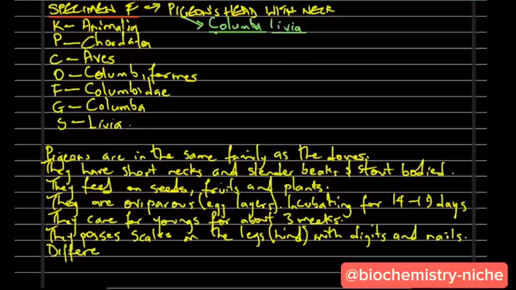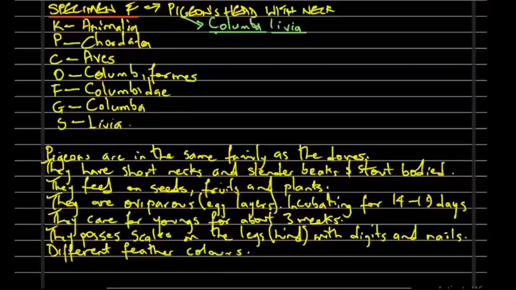They possess different feather colors. Now these are some characteristics that we want to look at, but specifically we'll be looking at the ear and the beak. Specifically, that is where we'll be dwelling. So let us see. Talking about the beak, we have different types of beaks.